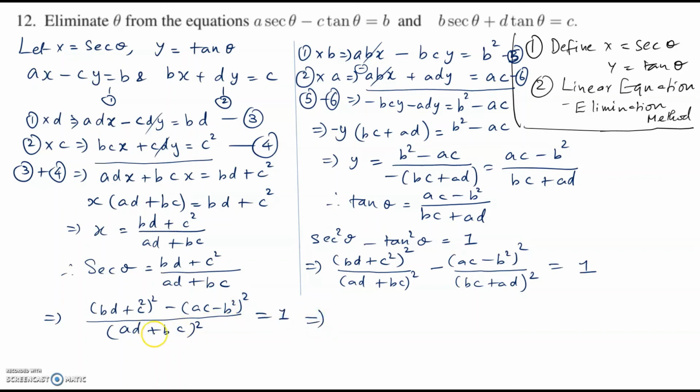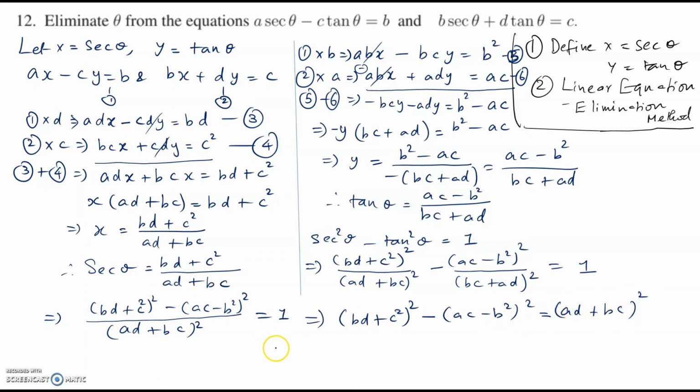So further taking this to the other side, you can rewrite this as bd plus c squared the whole squared minus ac minus b squared the whole squared is equal to ad plus bc the whole squared.